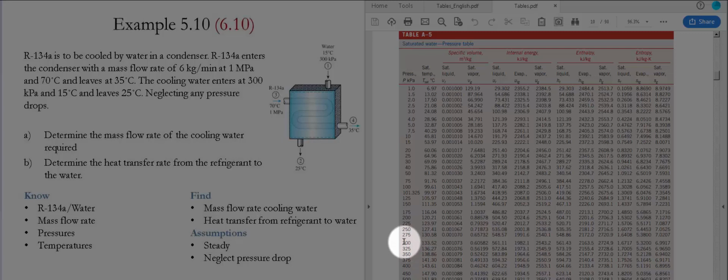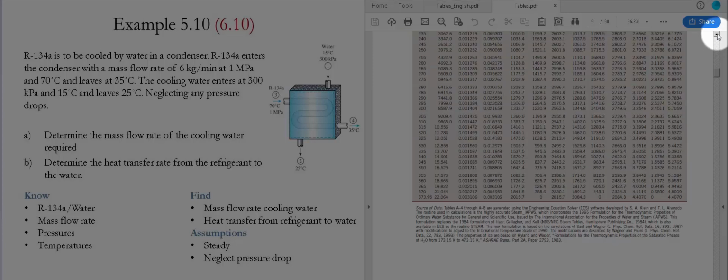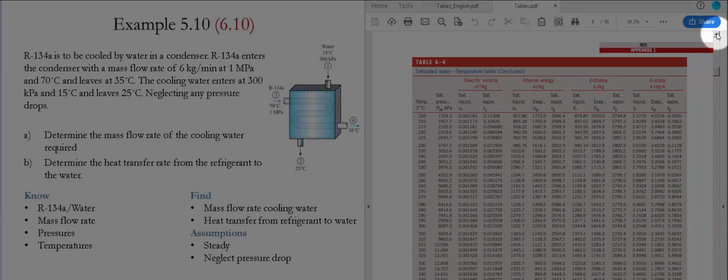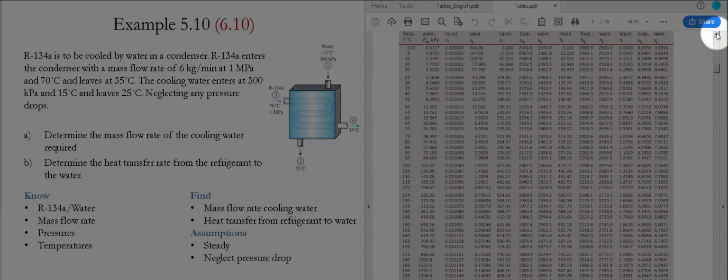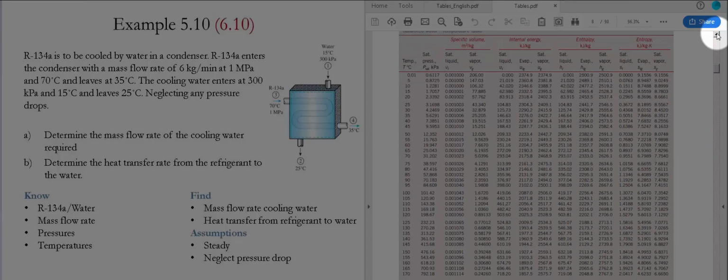So if we go to 300 kilopascals, we see that the saturated temperature is equal to 133.52, and that saturated temperature is greater than both of the conditions that we have for water, one at 15 Celsius and the other one at 25 Celsius, which means that at the 2 points in the control volume, water is going to be considered to be compressed liquid. Since that is the case, we're going to go now to table A4 for the particular temperatures, and we simply see that the temperature that we start with is going to be 15 Celsius.